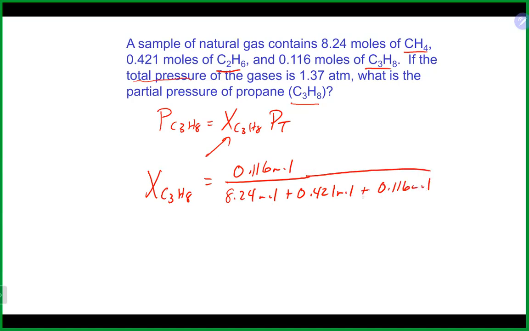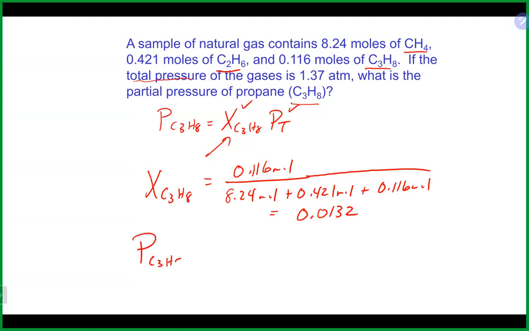So that's basically our total moles there. And if we do that, we would take 0.116 divided by what we get there on the bottom when we add it all together. Looks like we get a mole fraction of something like 0.0132.